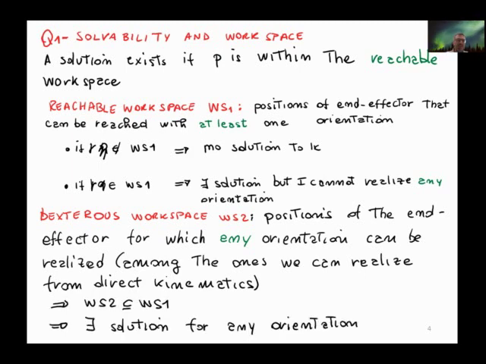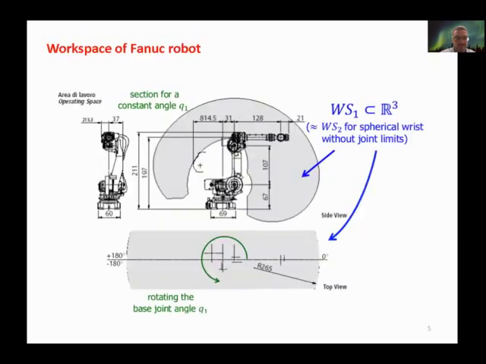And in this case, a solution for the inverse kinematics exists for any orientation. This is an example of the workspace for a Fanuc robot that you can find in a datasheet. So in this case, you fix the first joint, and you can move the other 2 joints and see, for example, this area that represents the reachable workspace.